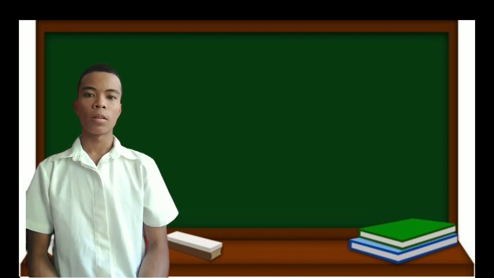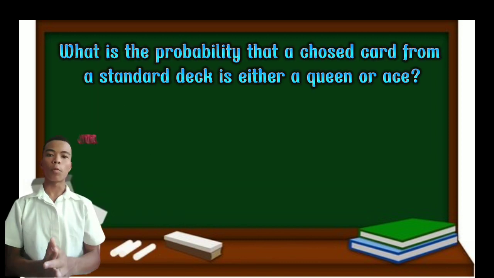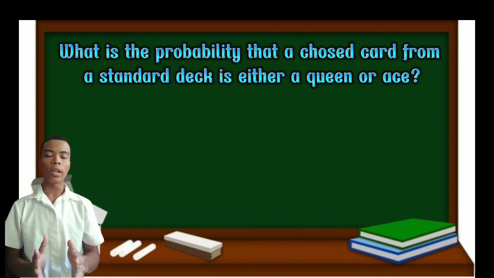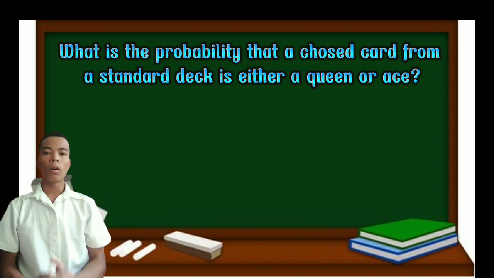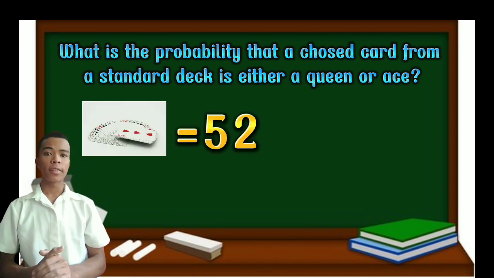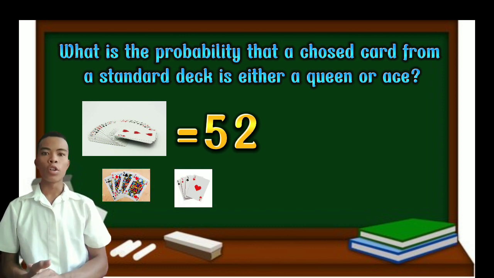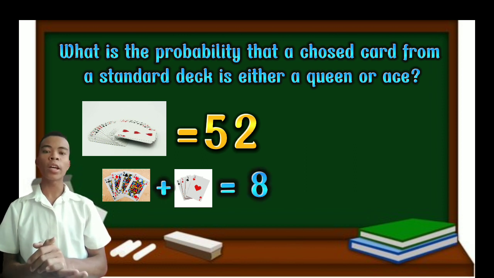So let's move on to the next problem. What is the probability that a chosen card from a standard deck is either a queen or an ace? We all know that in a standard deck, there are 52 cards. And in the 52 cards, there are 4 queen cards and 4 ace cards. So we will just add the 4 aces and the 4 queens, then we have 8.